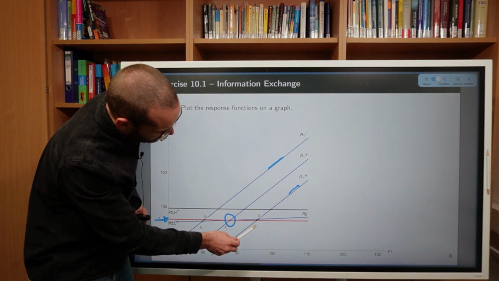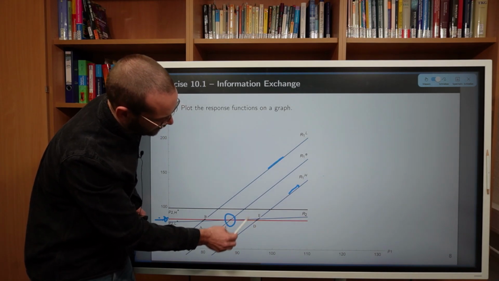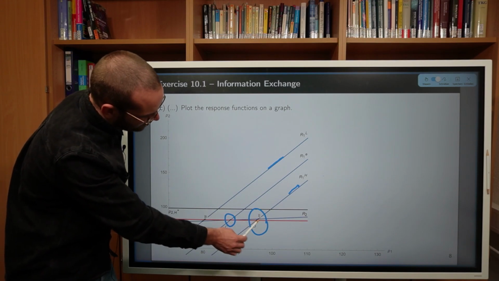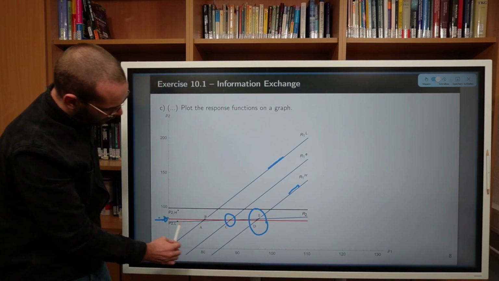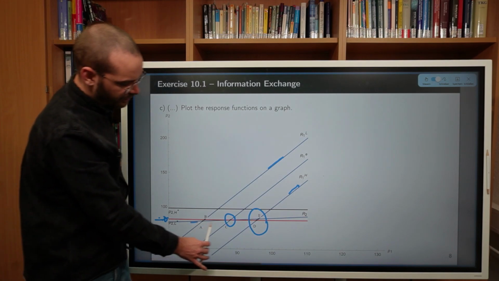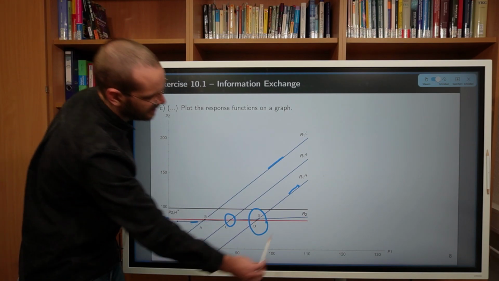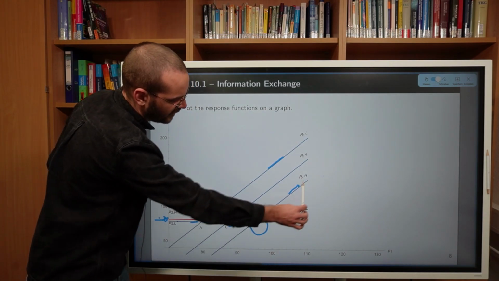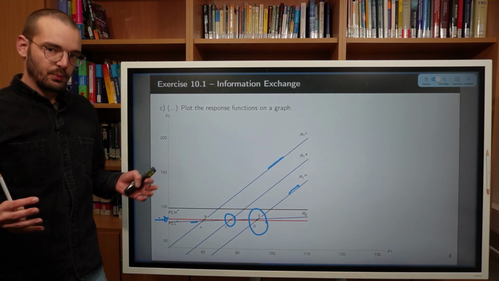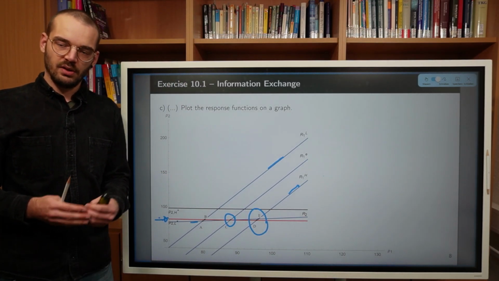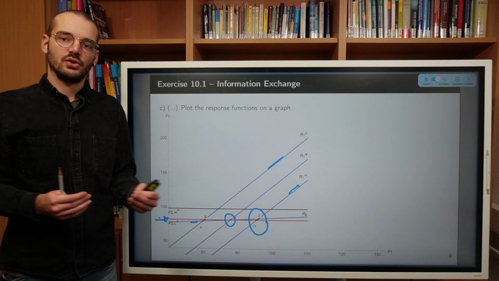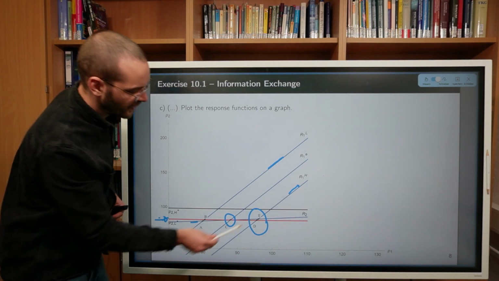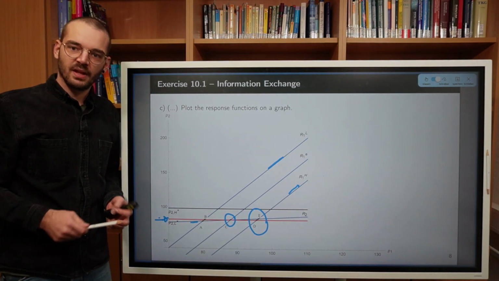Now when we compare points E and D to one another, what you will realize is point E is in the intersection of the reaction function of firm 2 and this reaction function for high marginal cost of firm 1. So, in a world where there was no private information and both firms knew the reaction function of one another, this point E would be our market equilibrium.